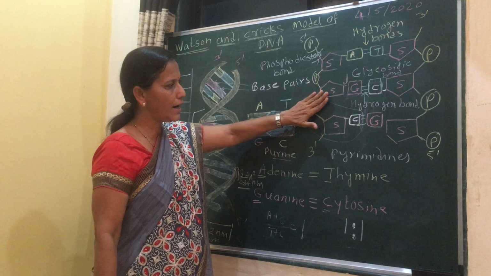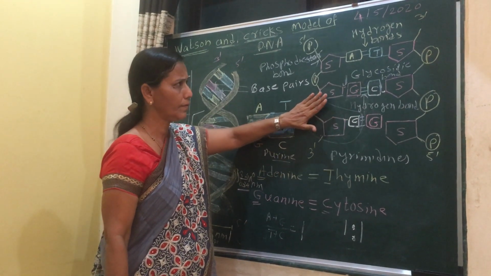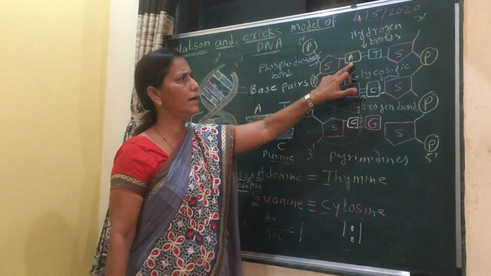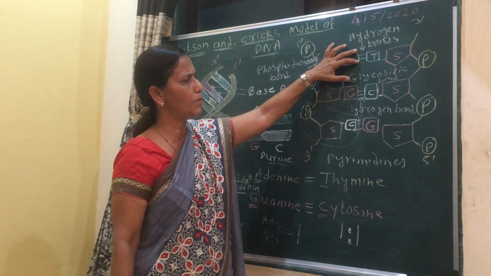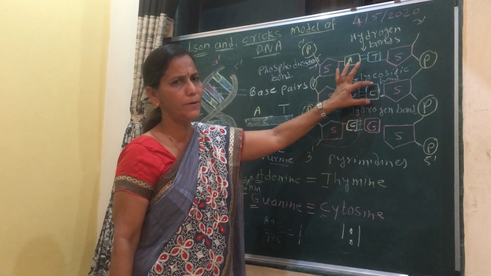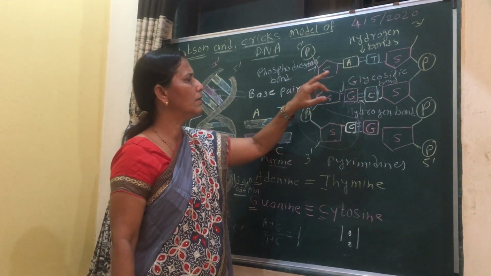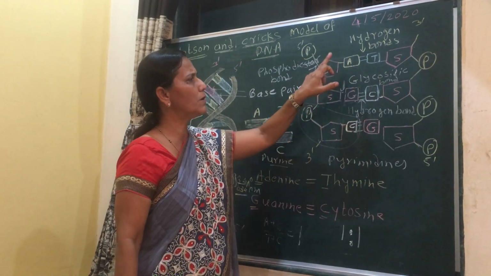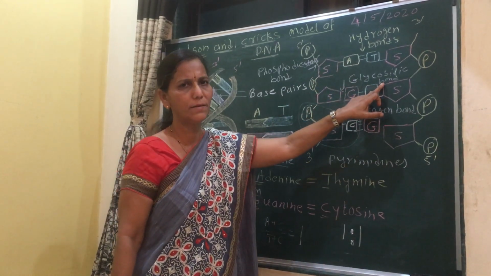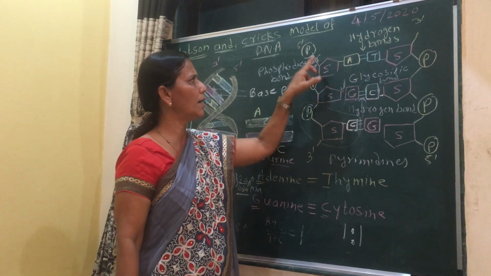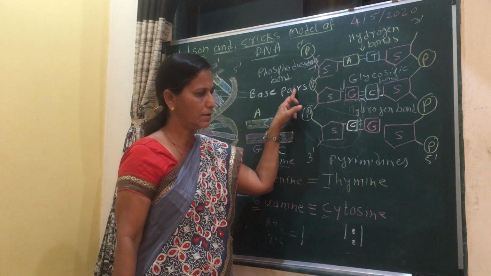This nucleotide without the phosphate is called a nucleoside. Then adenine always pairs with thymine by a double hydrogen bond, and guanine always pairs with cytosine by a triple hydrogen bond. Then between sugar and nitrogen base a glycosidic bond is present, and between sugar and phosphate a phosphodiester bond is present.